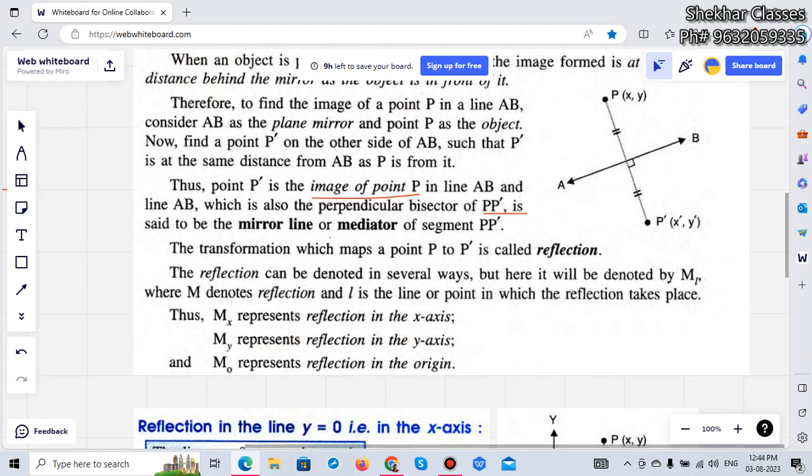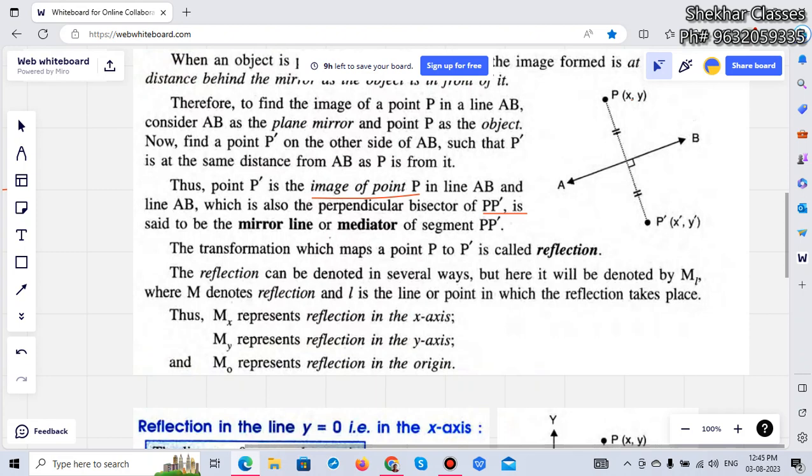So this transformation means that when the reflection has happened, we write the coordinate of P dash. P is the object, P dash is the image. The transformation which maps a point P to P dash is called reflection.